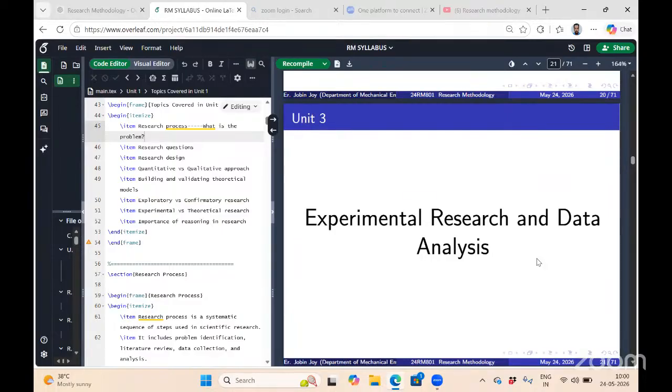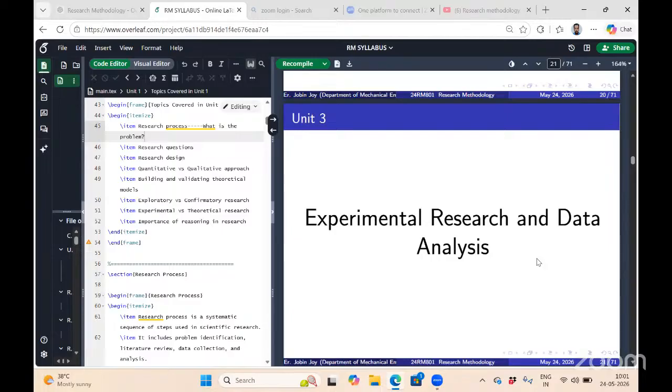For example, agricultural field testing, smart city analysis, industrial production monitoring, environmental testing, etc. So experimental research means you conduct experiments, collect data, and analyze the data inside the lab. Field experiment means you conduct the same research in real world environments to get the real world behavior.